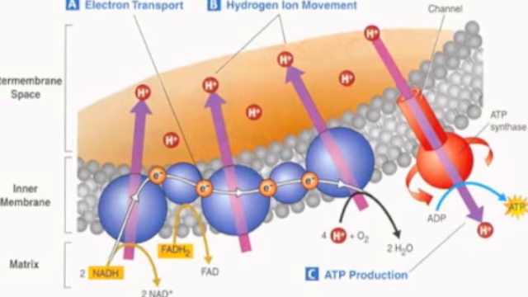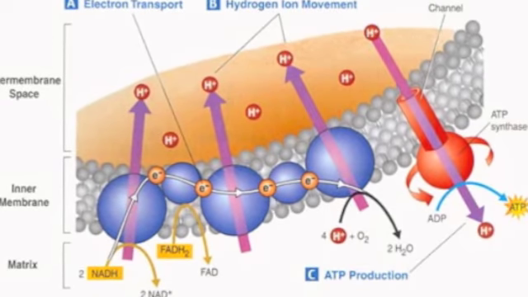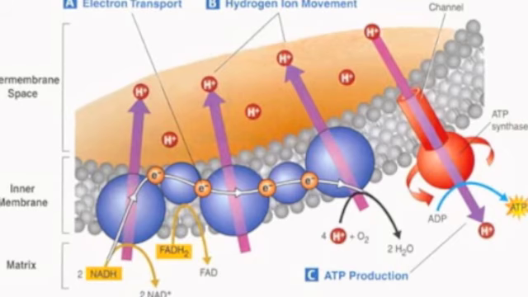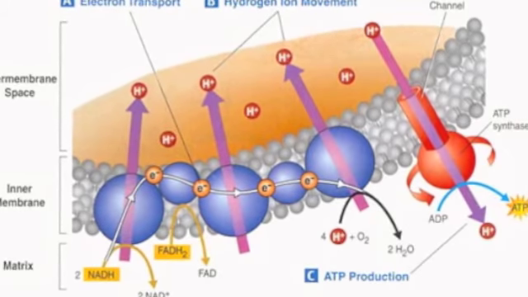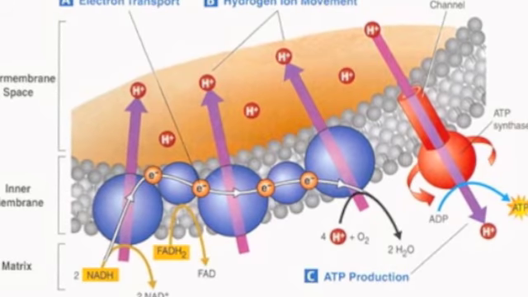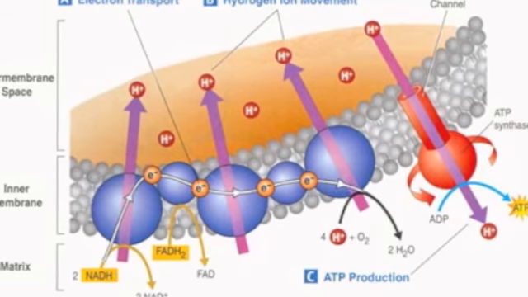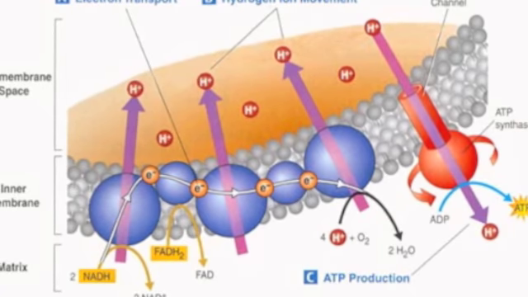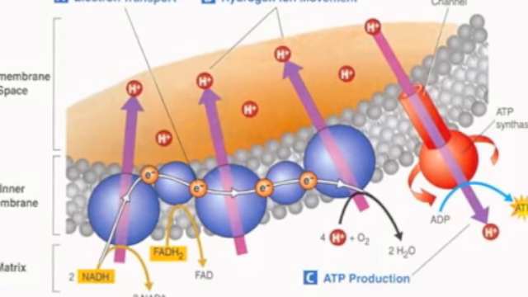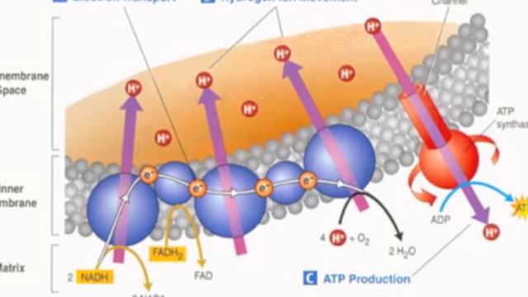Oxygen is the final electron acceptor. Protons diffuse from the matrix to the inner membrane space. Because of a high unbalanced concentration of protons, they diffuse back through ATP synthase and cause the formation of most ATP in cell respiration. FADH2 is equal to 2 ATP productions, while NADH is equal to 3 ATP productions.